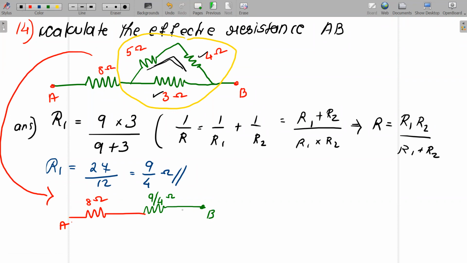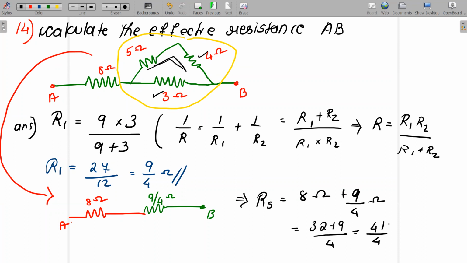Now it's easy. Therefore, RS is equal to 8 ohm plus 9 by 4 ohm. Totally, you will get 32 plus 9 by 4. Finally, it is 41 by 4. 10.25 ohm is the effective resistance.